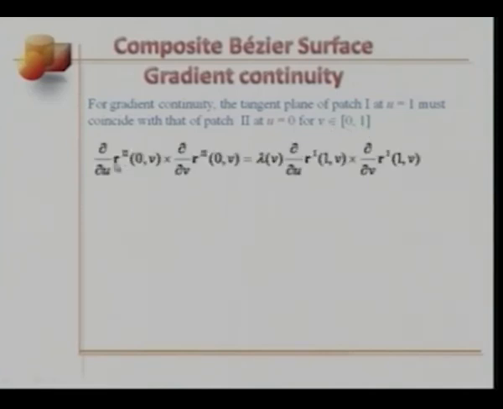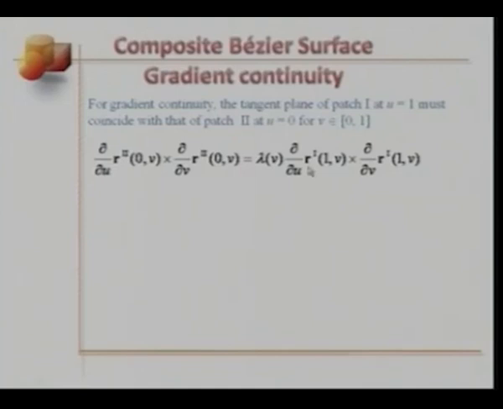So let's compute the tangent along the u direction for the second patch at u equals 0 and the tangent of the second patch along the v direction again at u equals 0. And let's compute the cross product between these two tangents. So the left hand side here will represent the normal to the tangent plane.